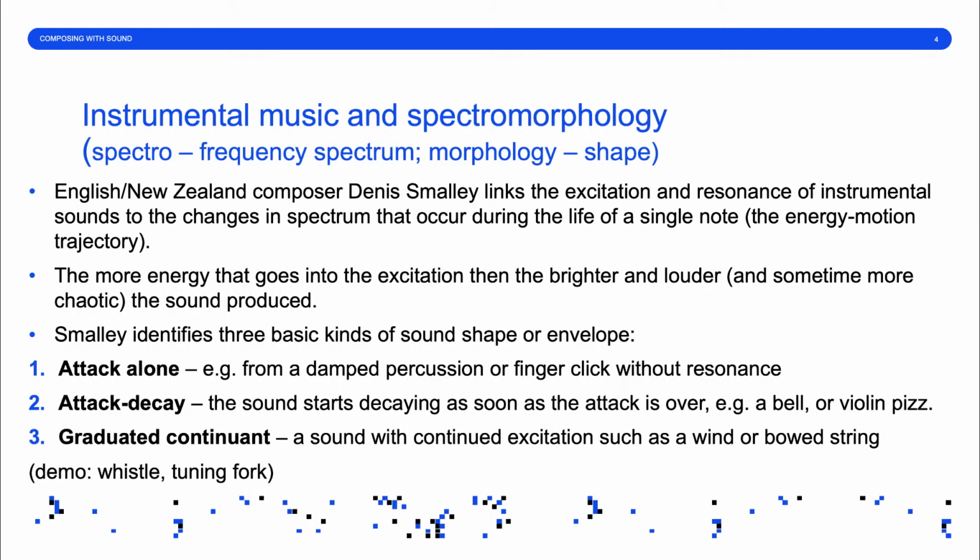And then the third type is the graduated continuant, where we have continuous excitation. And as we change the energy in the excitation, whether that's bowing a string or breathing into a whistle, the continuant portion of the sound changes during the life of the sound.